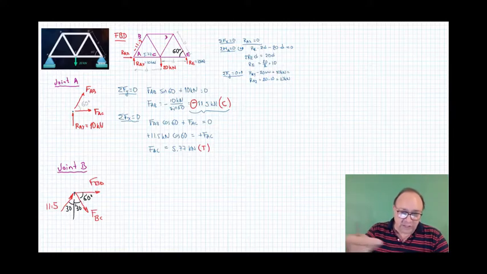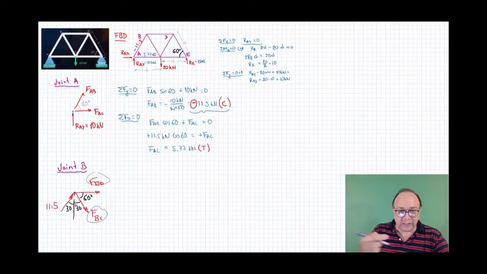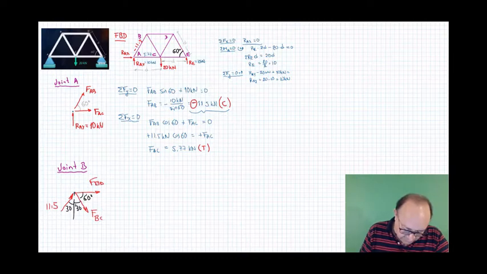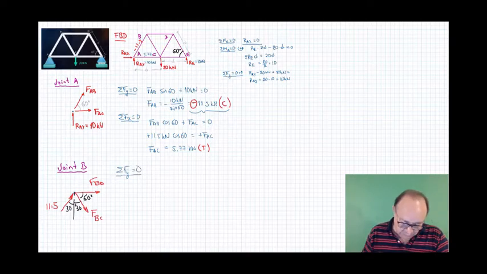If you use summation of forces in the x direction, both unknowns BD and BC will have component in the x direction. So you have an equation that you cannot solve by itself. So it's more convenient if you set up first the equations that can be solved by itself. So in this case will be forces in the y direction.